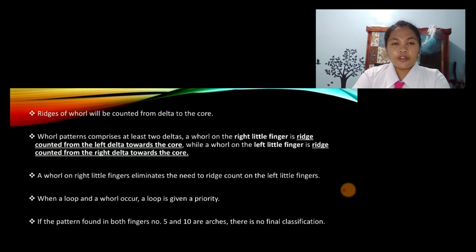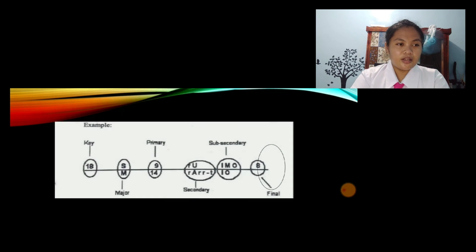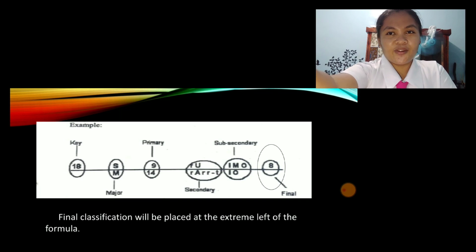So if only arch patterns appear in both little fingers, there is no final classification. So only patterns of loop and whorl are considered in the final classification. The final classification will be placed at the extreme left of the formula. So that's all. Thank you and God bless.